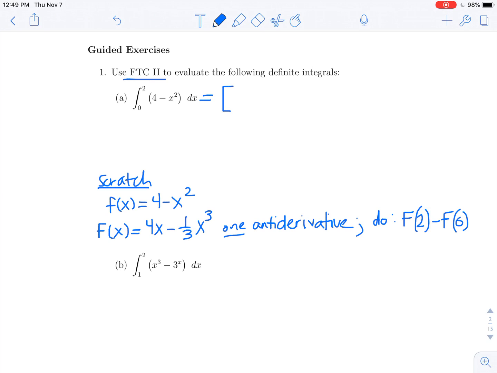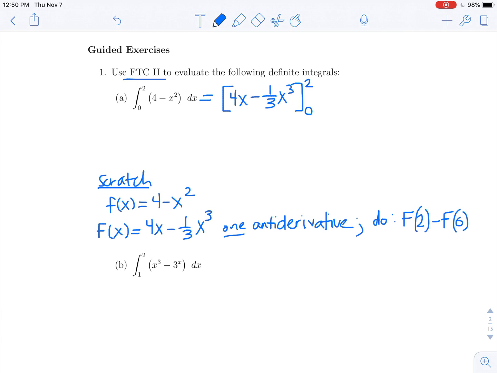So put square brackets and write in your antiderivative, 4x minus 1/3 x cubed. And then we write the limits of integration in the same order, but on that right edge, square bracket there.